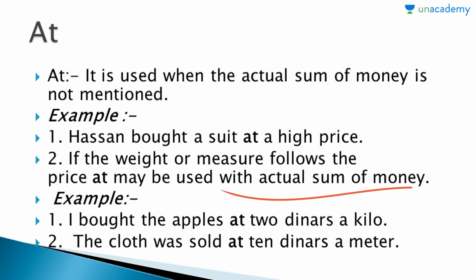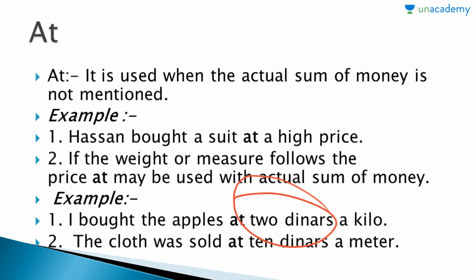For example, I bought the apple at 2 dinars a kilo. So if we truncate the sentence, suppose the sentence ends at 2 dinars, then instead of using "at" here, we will be using "for", because the exact price is mentioned.